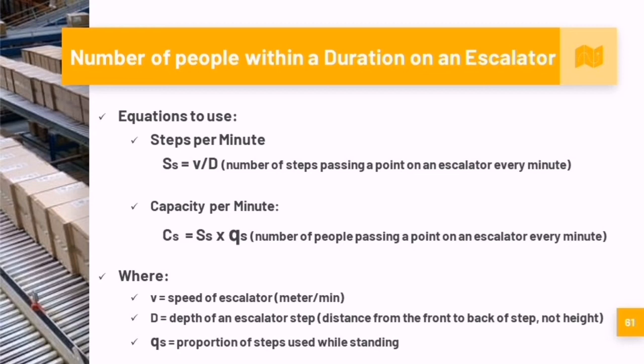While the capacity per minute, or the number of people passing a point on an escalator every minute, CS is equal to SS times QS, where V is the speed of the escalator in meters per minute, and D is the depth of an escalator step, which is the distance from the front to back of the step, not the height. And QS is the proportion of steps used while standing.